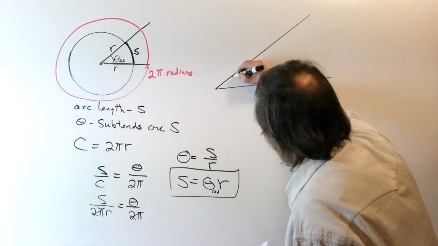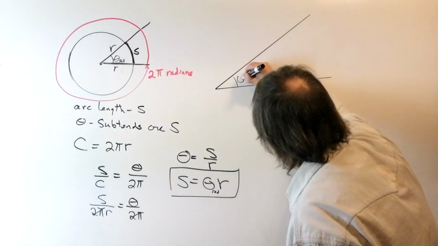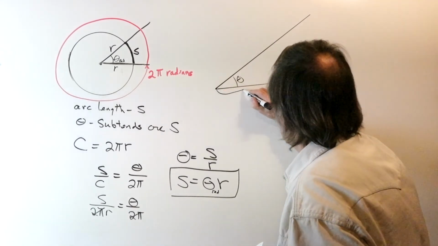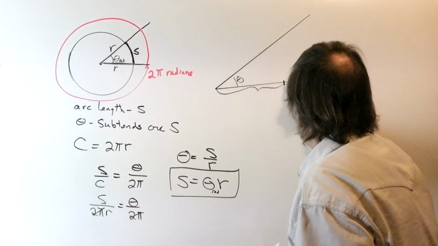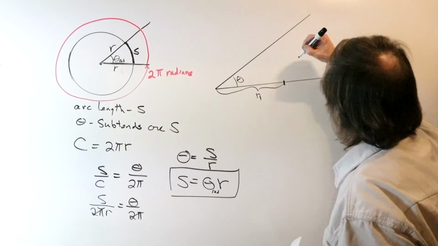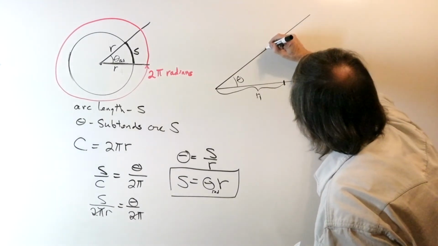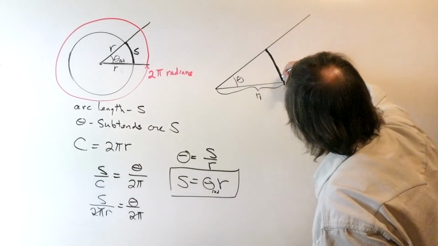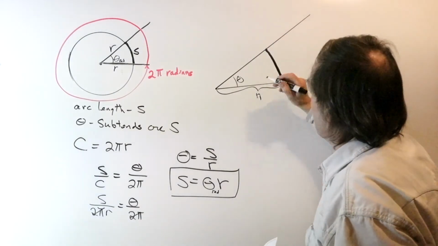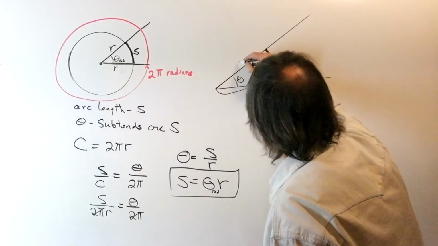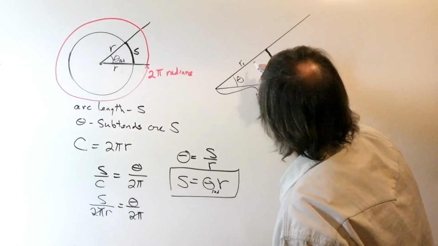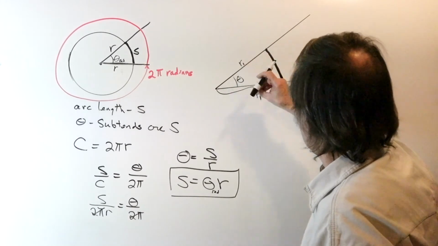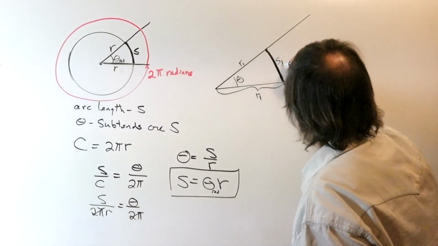Now, let's see how this works. Suppose we sweep out an angle theta. Here is our angle theta. Now, if we go out a radius, say R1, we will sweep out this amount of arc. This side and this side are the same length. That is, we're sweeping out this radius R1. So this is S1.